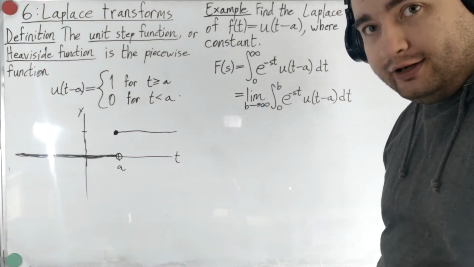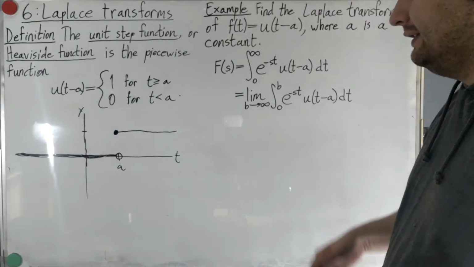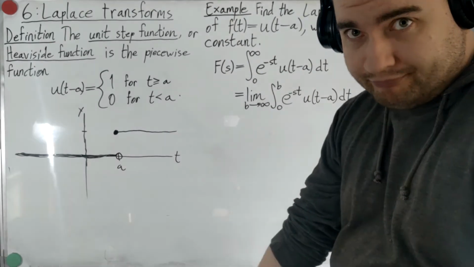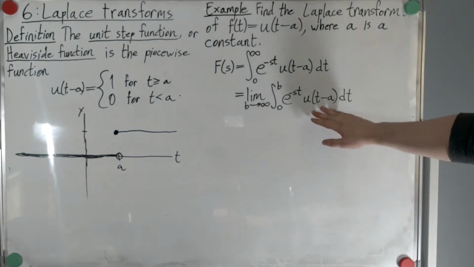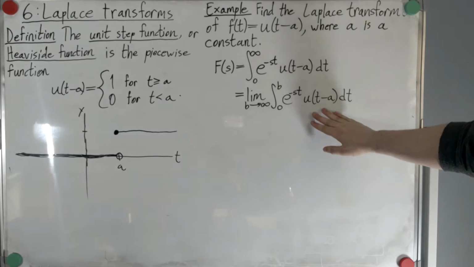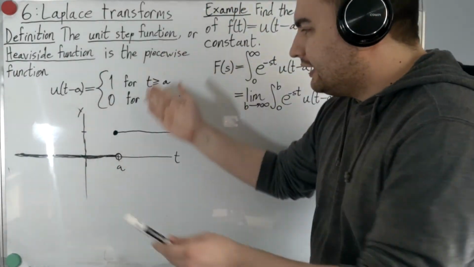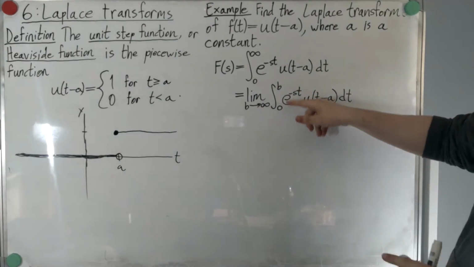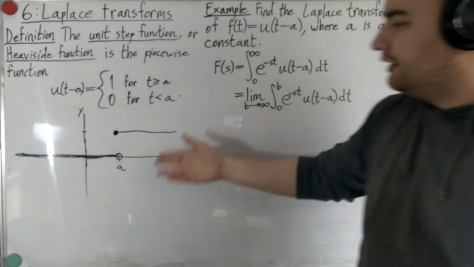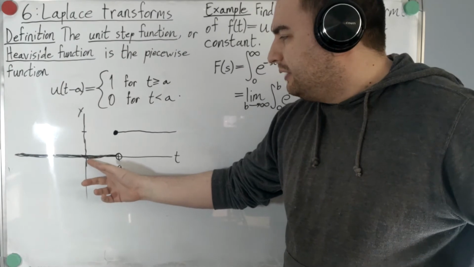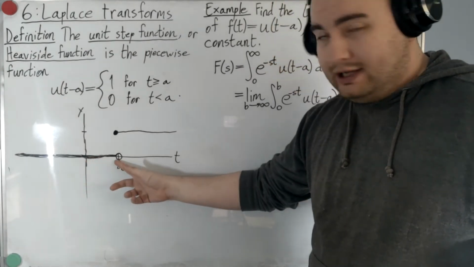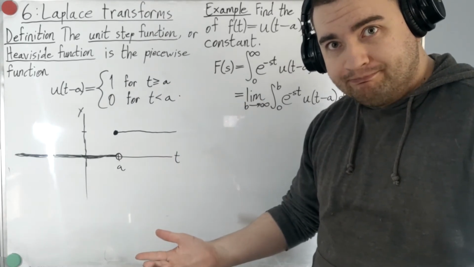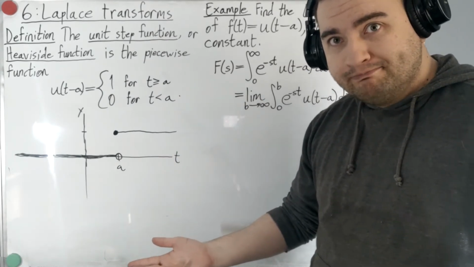What we need to understand here is that this is just 0 for when t is less than a. In this diagram, we're integrating from 0 to b. So from 0 up to a, the integrand is 0, which means we can ignore that portion.